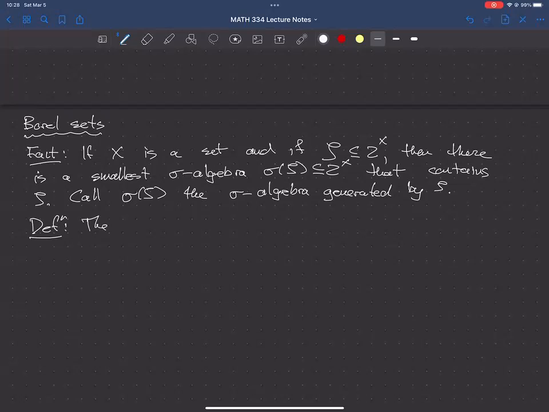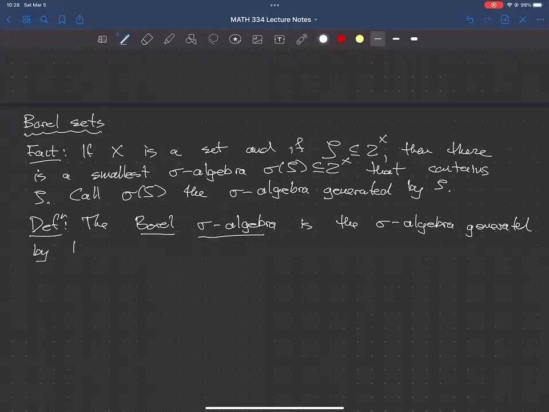The Borel sigma algebra is the sigma algebra generated by the open sets.